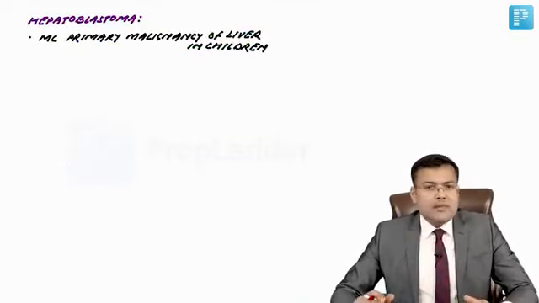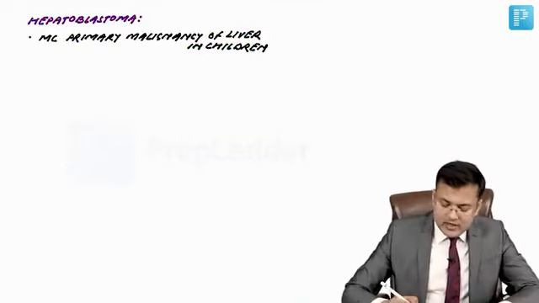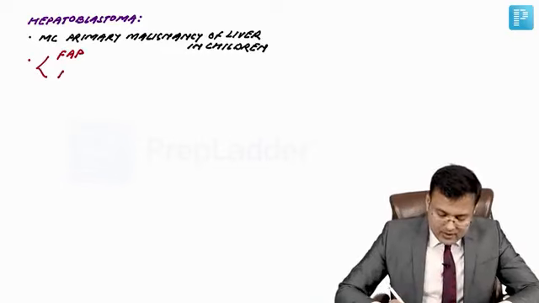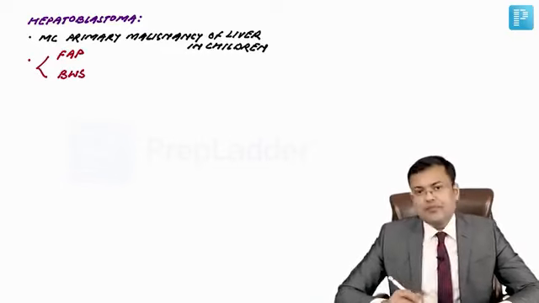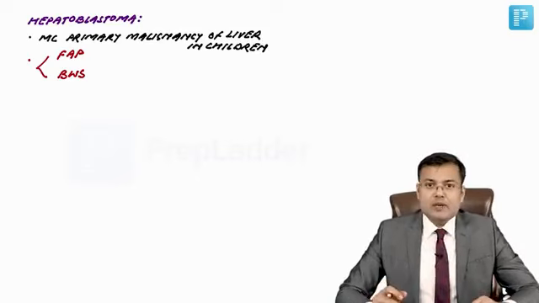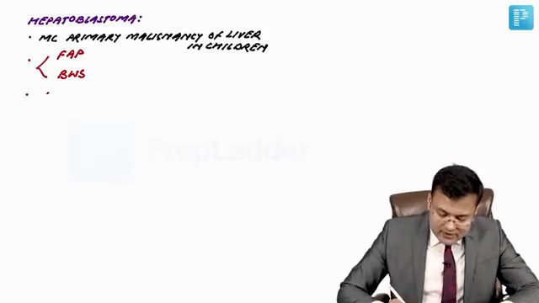Hepatoblastoma is the most common primary malignancy of liver in children. It is associated with familial adenomatous polyposis and Beckwith-Wiedemann syndrome. You know that low birth weight increases the risk of hepatoblastoma, and alpha fetoprotein is raised.